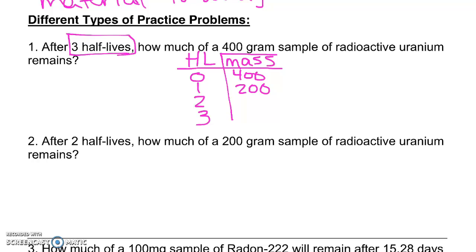When another half-life goes by, that gets cut in half. So what's 200 cut in half? 100. And when my third half-life goes by, we get cut in half one more time. So 100 cut in half is 50 grams. So that's all you have to do there, is set up your chart for how many half-lives and keep cutting the mass in half until you get to the bottom of the chart.